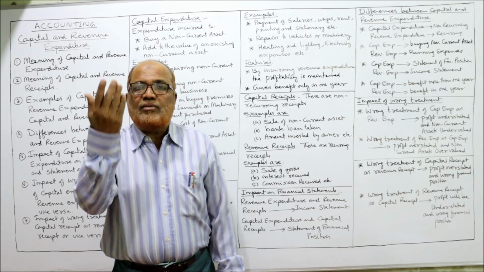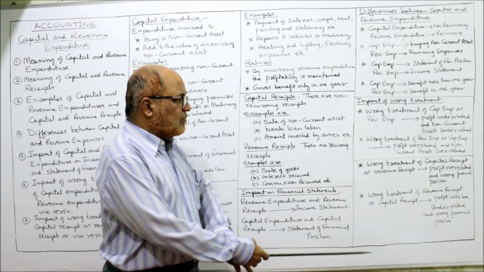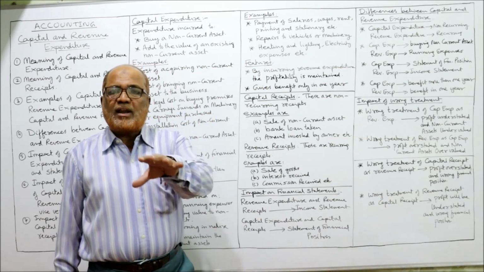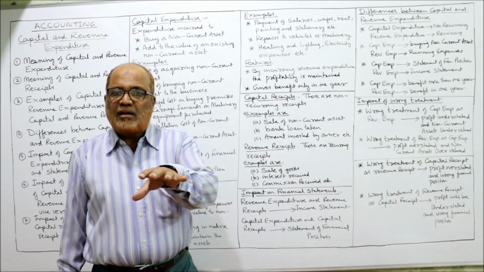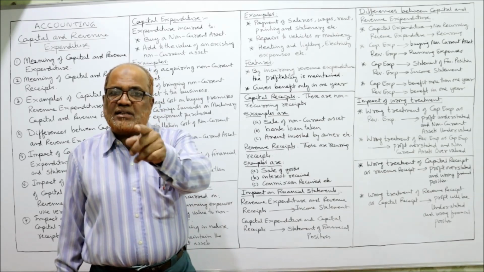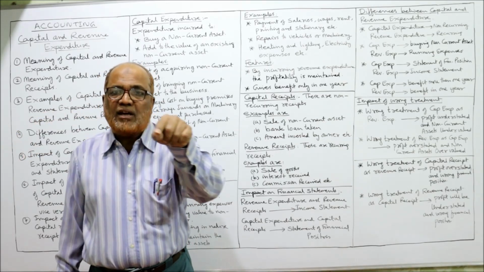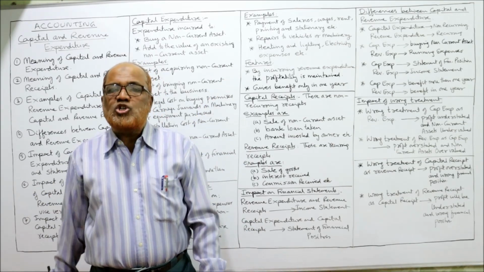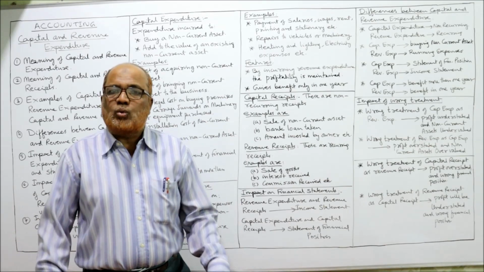So income will increase, profit will increase, the profit will be overstated. And wrong financial position. Because we have not taken the capital receipt in statement of financial position, we have taken it in income statement. The profit will be overstated, and the financial position will also not be true.